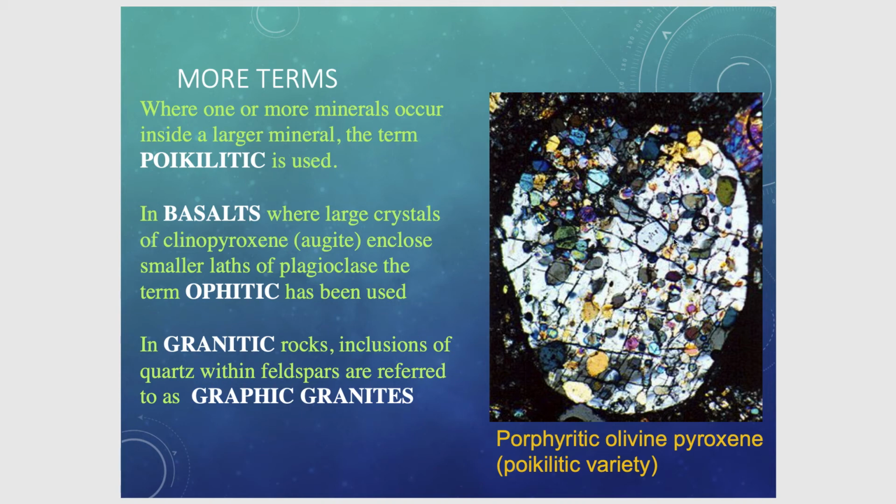That's because quite often you have cases in which olivine forms in conjunction with pyroxene when you have a ferromagnesian-rich rock like basalt or an ultramafic rock.